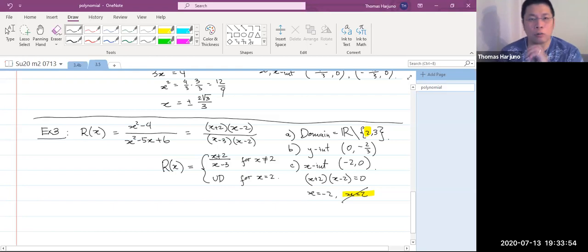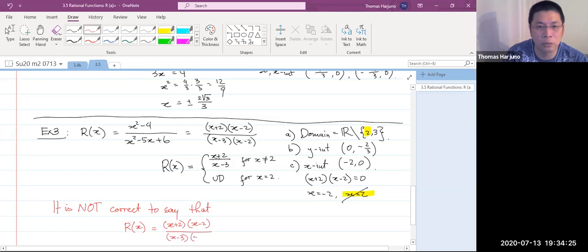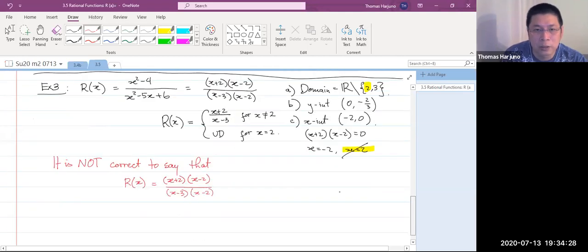Okay, it is not correct to say that this R(x), which is (x plus 2)(x minus 2) over (x minus 3)(x minus 2), is equal to (x plus 2) over (x minus 3).